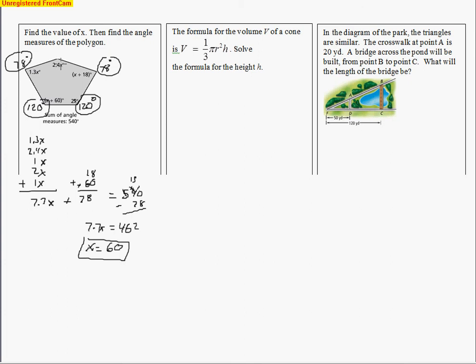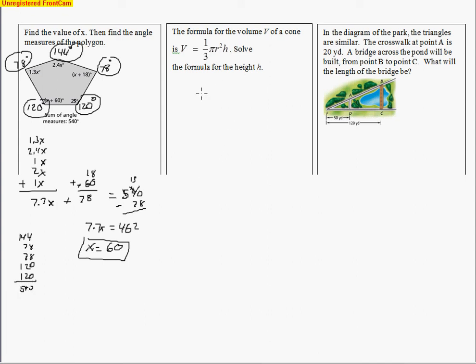And 2.4 times 60 gives us 144. And all of these numbers, you can check them to make sure you did it right. You can sum all those numbers up. It should equal 540. So 144, 78, 78, 120, 120. It's a good idea to check your work, especially if you have a little extra time. Check and make sure that all adds up to 540 degrees.